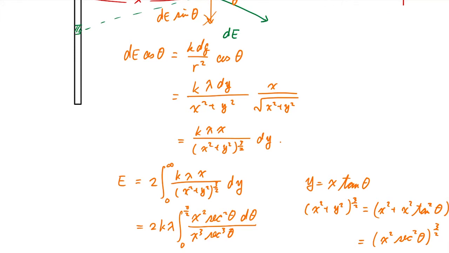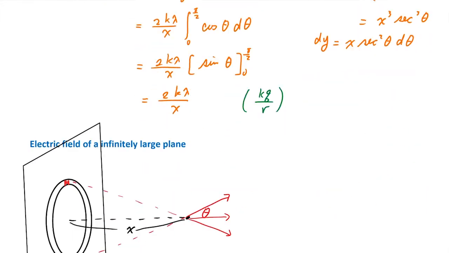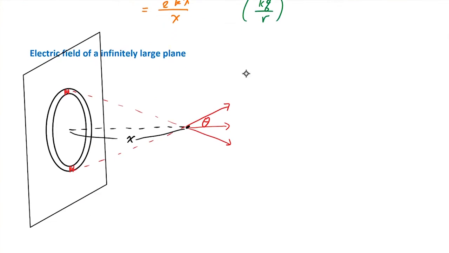Okay. So we figure out dE cosine theta, this cosine component. Good. It is equal to k and then our dQ, whatever the charge in that ring, over r squared, where r is this distance, as before. Good. And then we have cosine theta. With me so far?